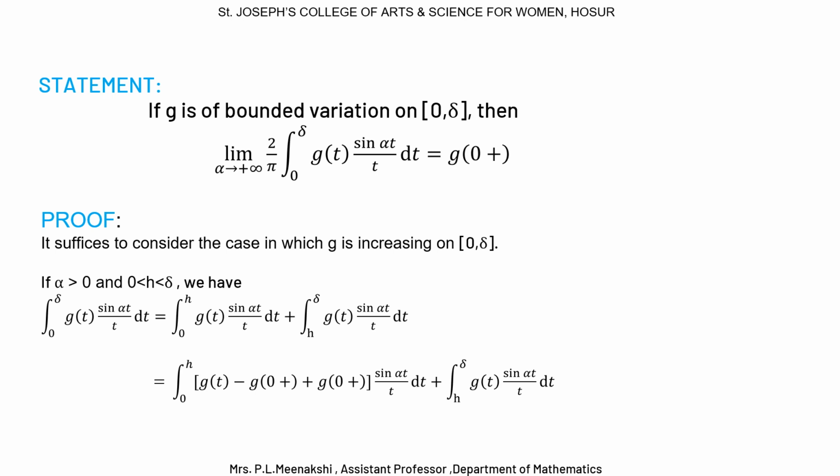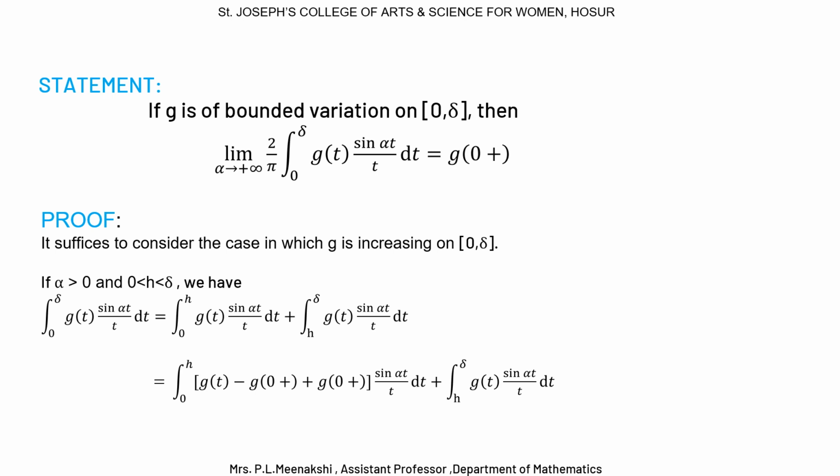So we get the integral from 0 to h of g(t) sin(αt)/t dt plus the integral from h to δ of g(t) sin(αt)/t dt. Next, we add and subtract the function g(0+).